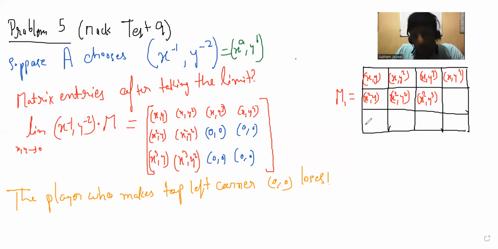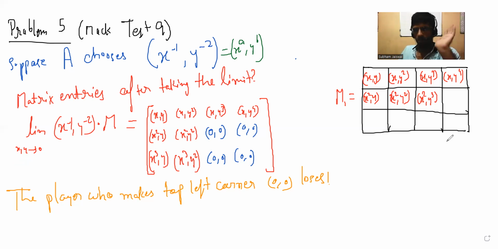So nobody wants to make that. But you see, in each move you have to make a new entry non-zero. I'm not asking for a winning strategy, I'm just asking who has a winning strategy.